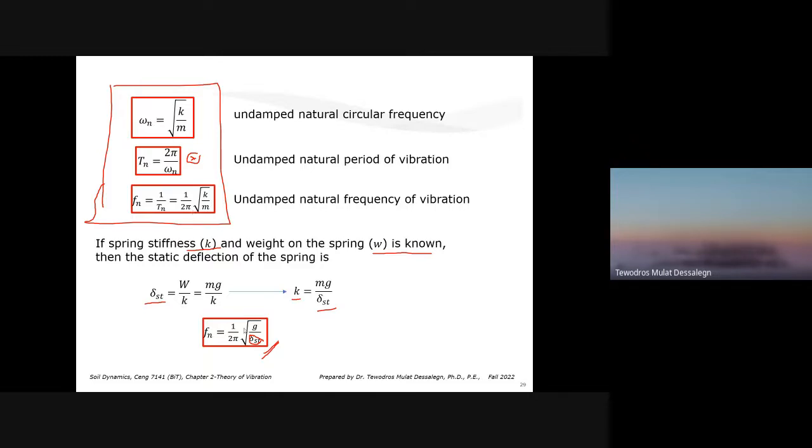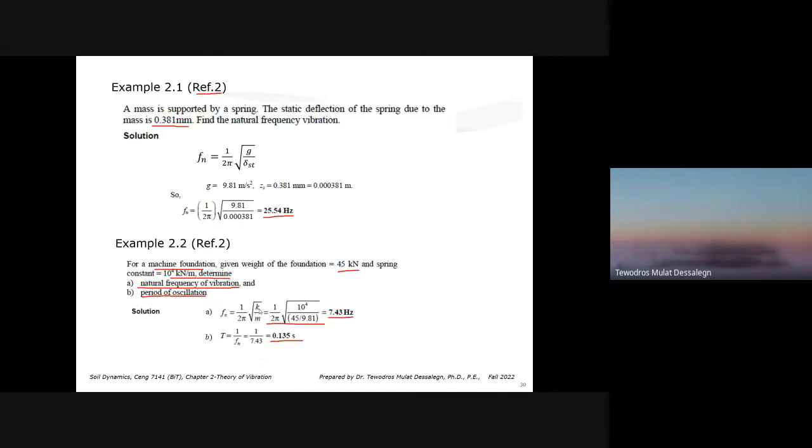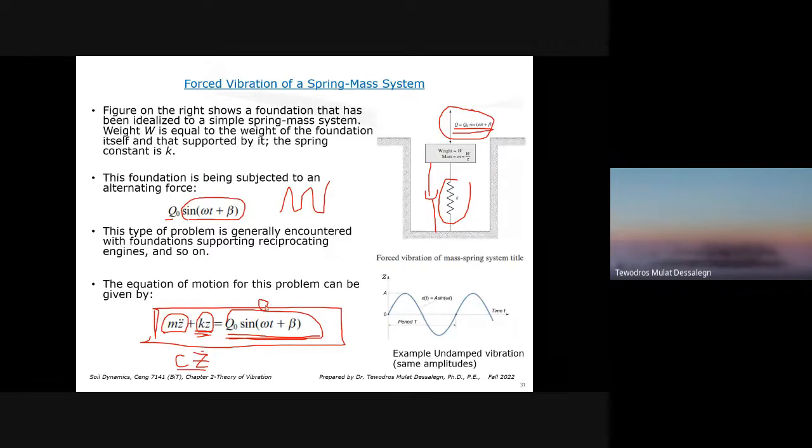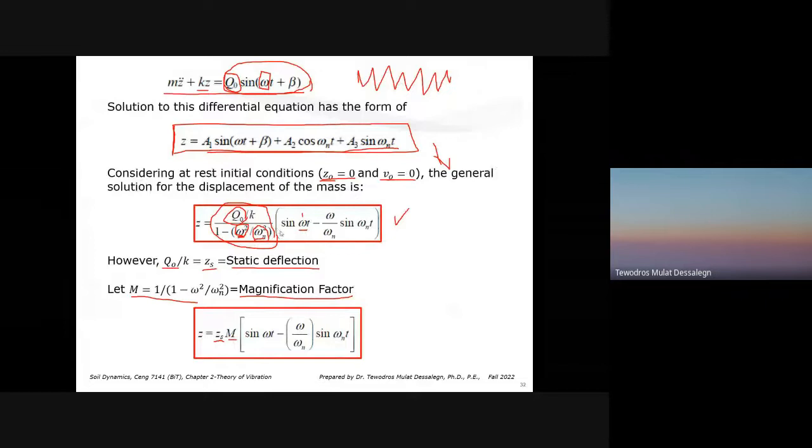Or you can derive this equation in terms of the initial static displacement. And forced vibration we have also seen only with the spring without damping, derived from the main general equation.